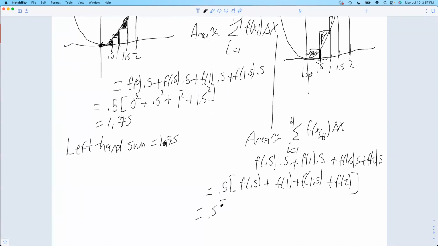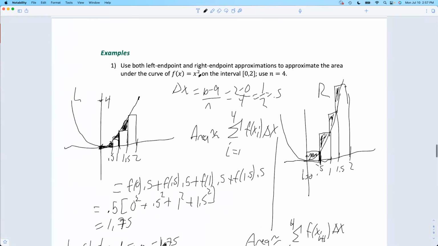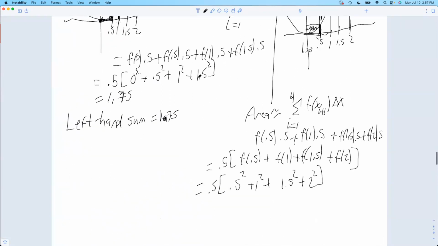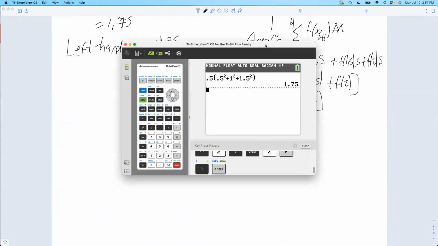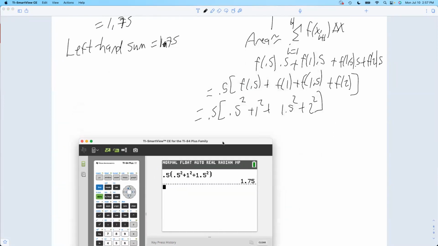This will be 0.5 times 0.5 squared plus 1 squared plus 1.5 squared plus 2 squared. Again, why am I squaring? Because that's the function, x squared. All right, well, let's throw that in a calculator. I'm just going to retype the whole thing, but it's pretty similar to what we just had.